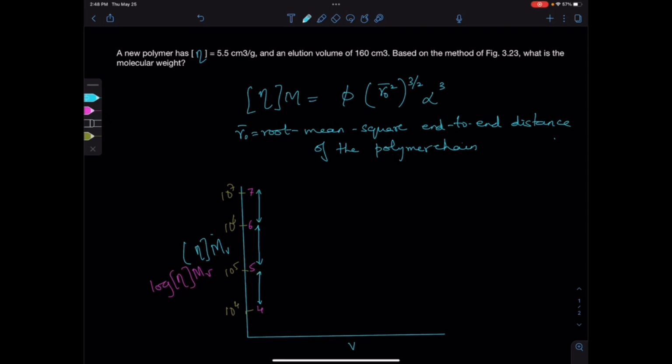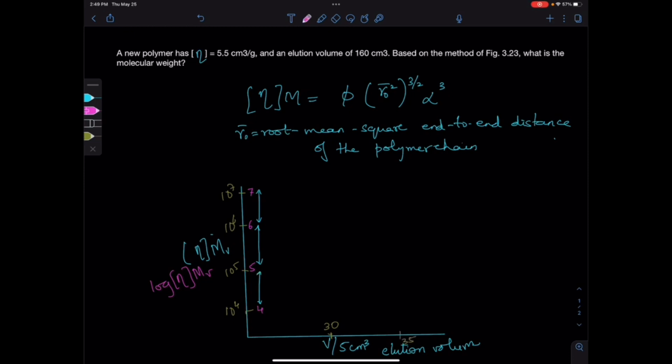On the x-axis we have the elution volume, and this is given as V over 5 centimeter cube, which means you have to multiply the volume as denoted on the x-axis by 5. So if it is 30, then it would be 30 times 5, 150 centimeter cube would be the elution volume.